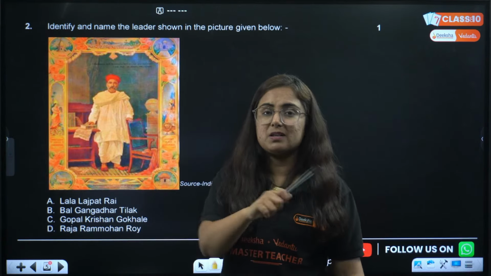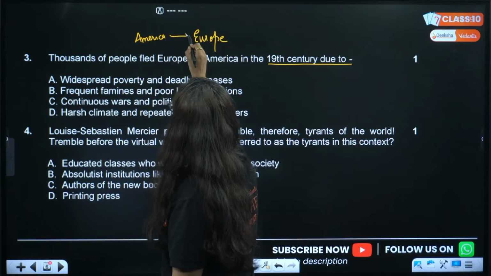Third question. Okay, we will deal with the third first and then move to the fourth. Thousands of people fled Europe for America in the 19th century due to... You need to figure out where thousands of people fled from. Europe to America.